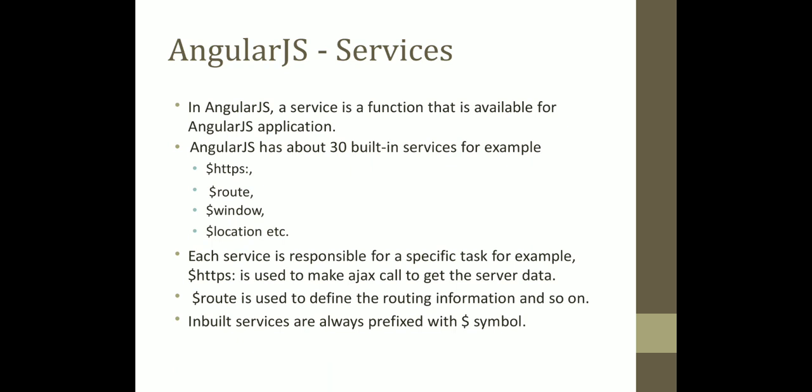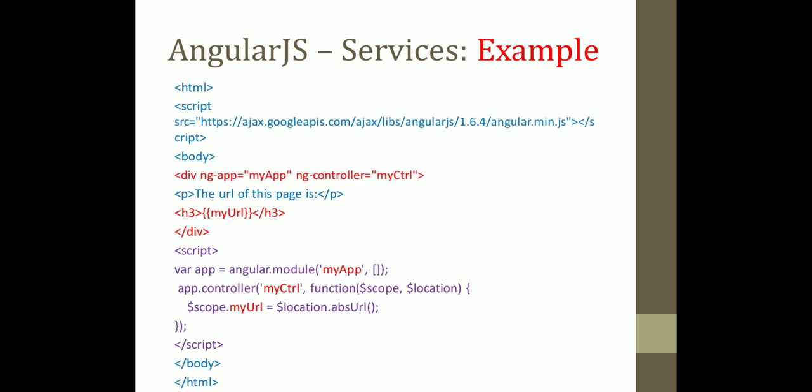In AngularJS, the services can be called by the controllers and filters as per the requirement. The concept of dependency injection is used to inject the services, and there are so many services, like 30 built-in services in AngularJS that we have seen, like $location, $route, $http, $window, etc. And these services perform various tasks.